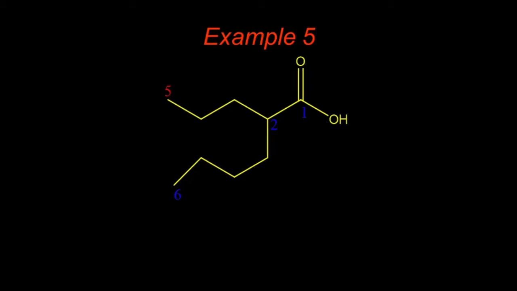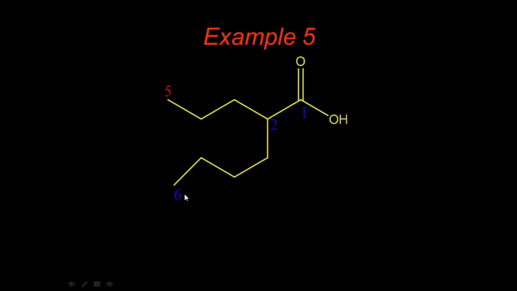In this example, as you see, there are two possibilities for the organic chain containing the carboxyl group. The first one has 1, 2, 3, 4, and 5 carbon atoms. And the second one, 1, 2, 3, 4, 5, 6.